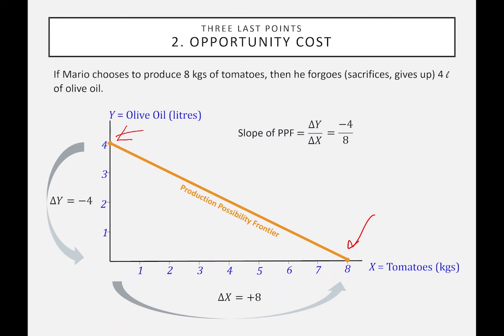In this case, it's always going to be negative. You have to give up something to get something else, so it's equal to minus 4 over 8. If I ask a question like this, you can just look at the vertical distance and then look at the horizontal distance, describe that as a fraction or a ratio. And a mathematician calls it the slope of the production possibility frontier. Economists call it the opportunity cost.